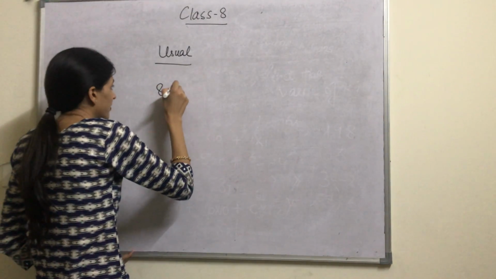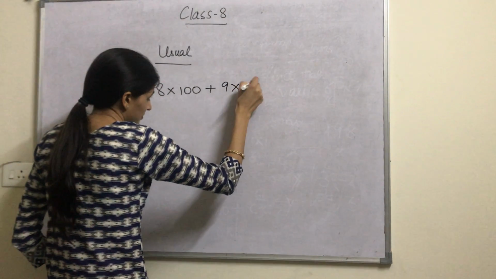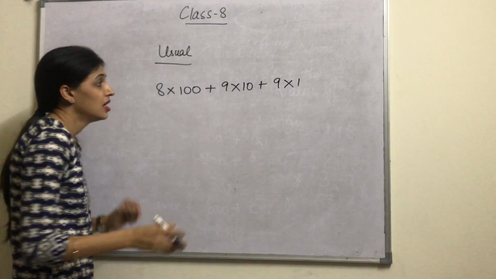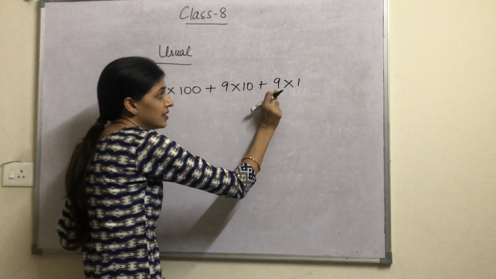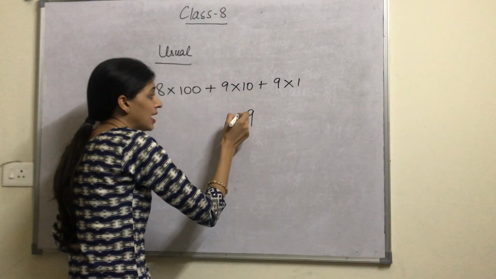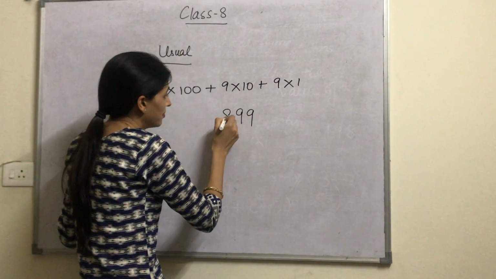Suppose a number is given, write in usual form. So at ones place 9 is the number, at tens place 9 is the number, at hundred place 8 is the number.